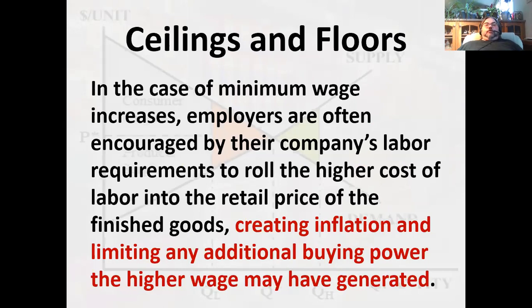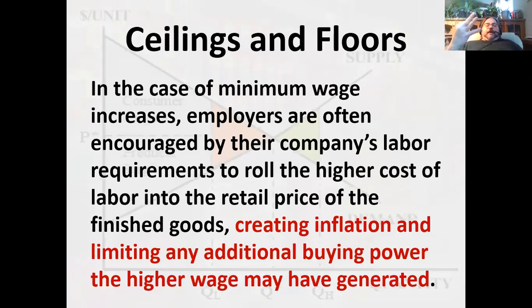For the sake of argument, I'm going to say that guy works in a dairy. So he's making $7.25 an hour working in a dairy. Doesn't buy a whole lot of milk because at $3 a gallon, it's kind of expensive. So they come along and they double his wage, $15 an hour.